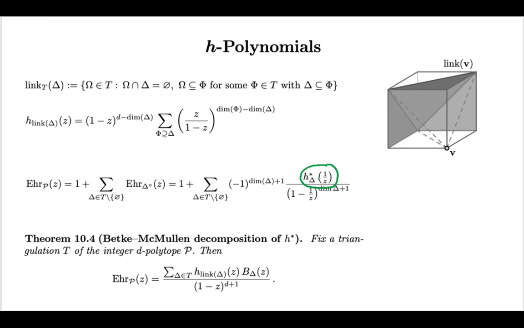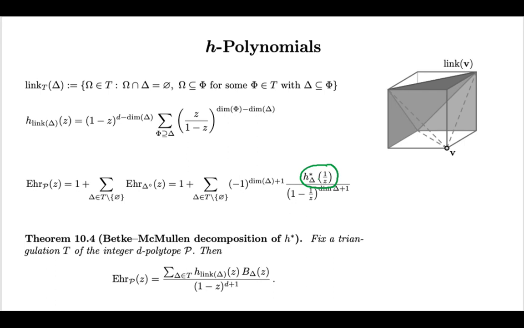And once you do that and rewrite the expression that we have on the right here, the h polynomials of the links will appear just as naturally as the h polynomial of a triangulation appeared in the unimodular case. So once you think of writing the h star polynomial of a simplex using box polynomials, the h polynomials of the links will appear completely organically. And this gives the Betke-McMullen theorem.